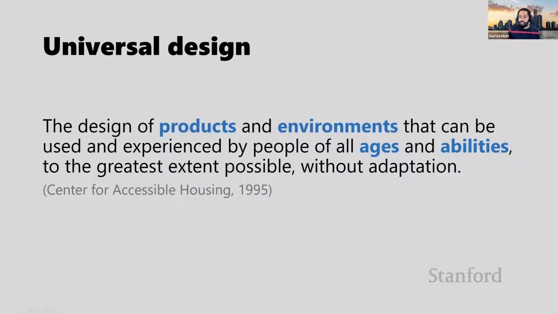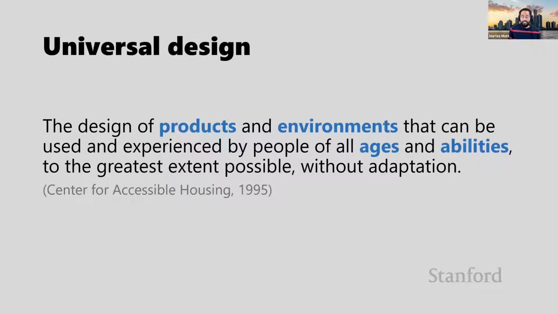The definition of universal design is the design of products and environments that can be used and experienced by people of all ages and abilities to the greatest extent possible without adaptation. And the thing to notice is that universal design comes out of the architecture discipline. You could think of it as: can we make built environments more accessible, so people can experience these things without requiring adaptation?